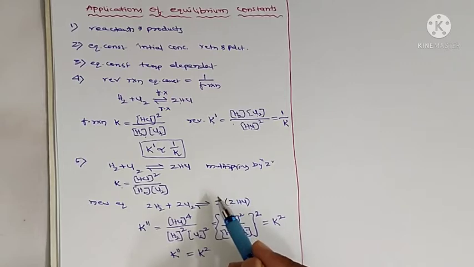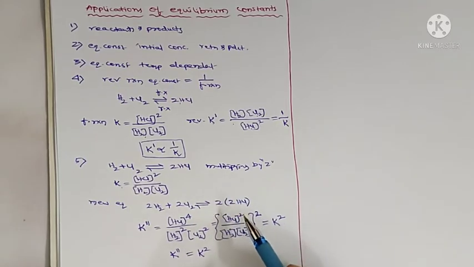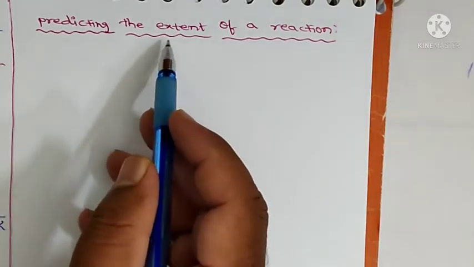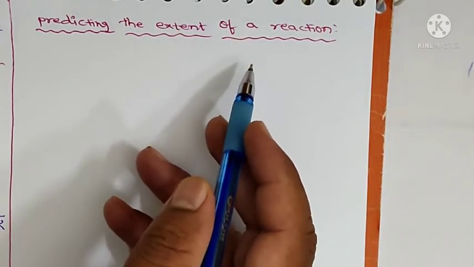So these are the important features of equilibrium constants. Next one, predicting the extent of a reaction.